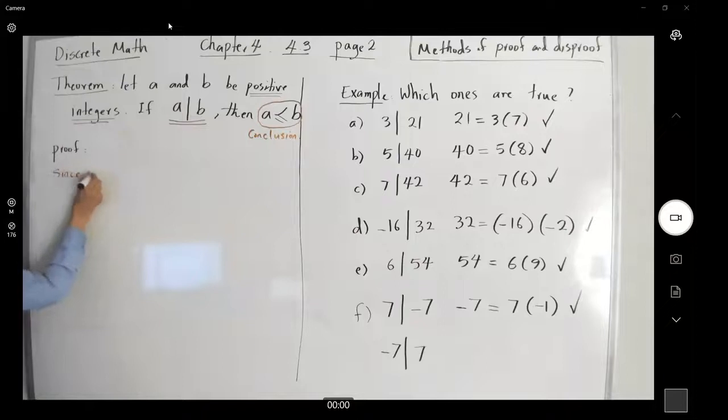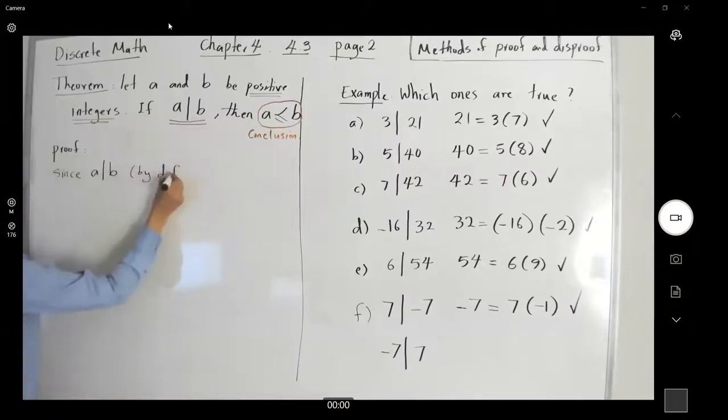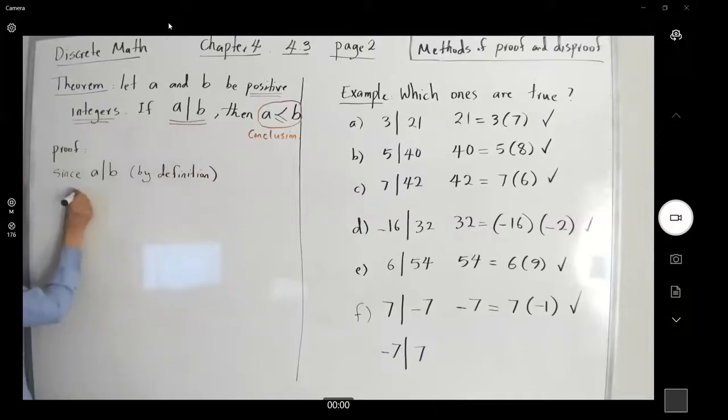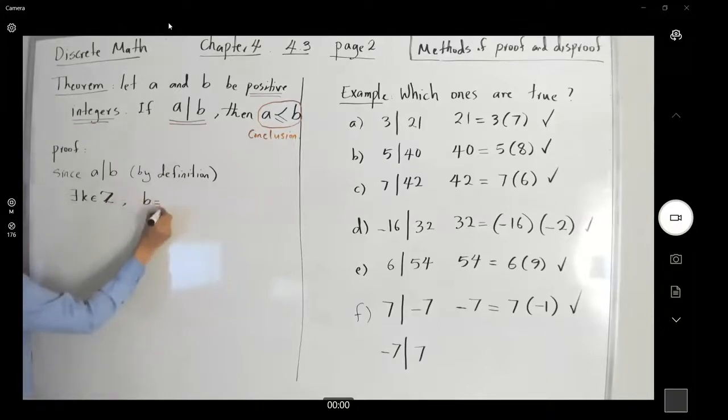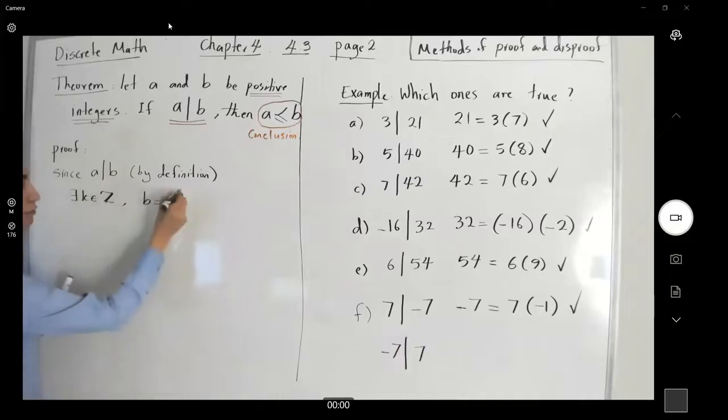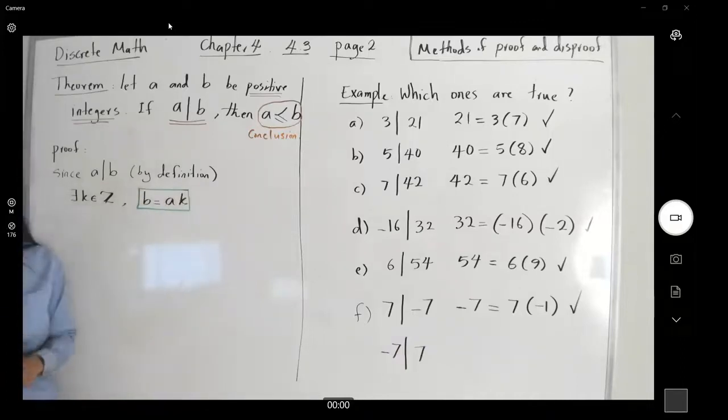Since A divides B, by definition, there exists an integer like K such that B is equal to A times K. I'm going to put this in a little box. This is important for me. I'm going to use it later.